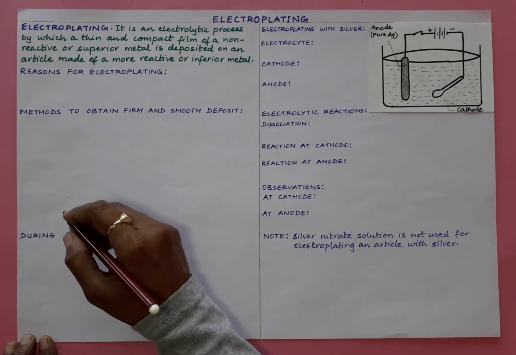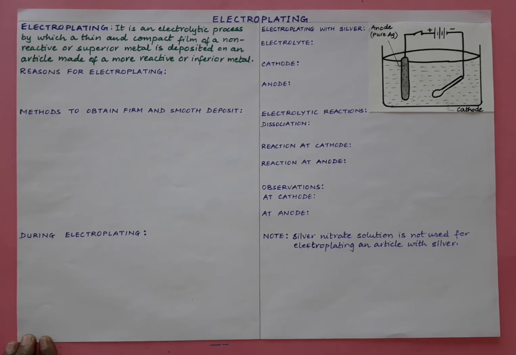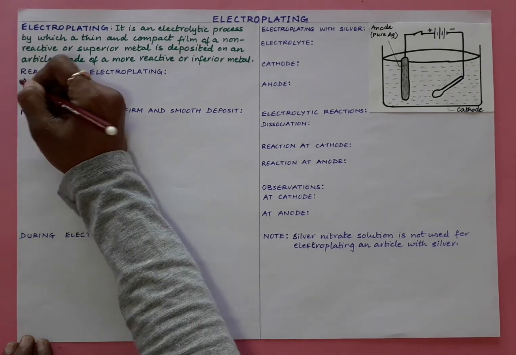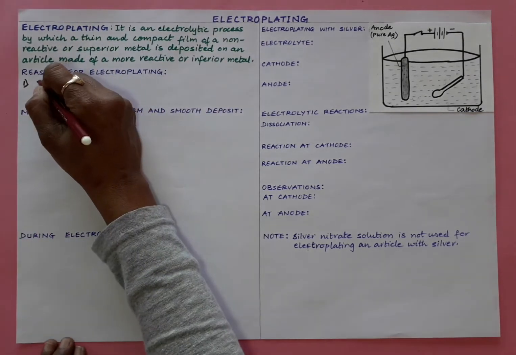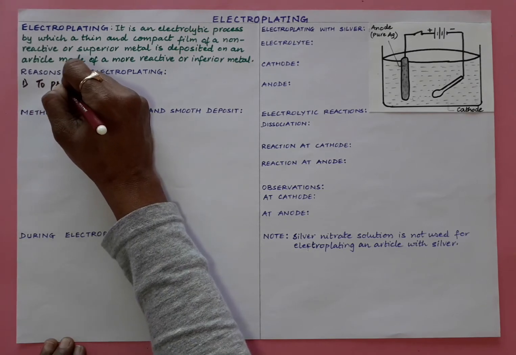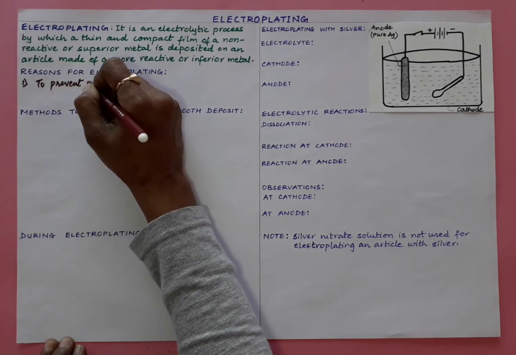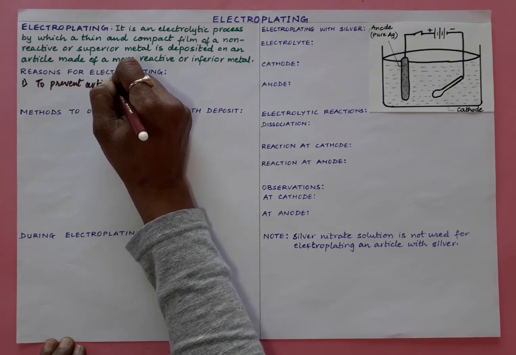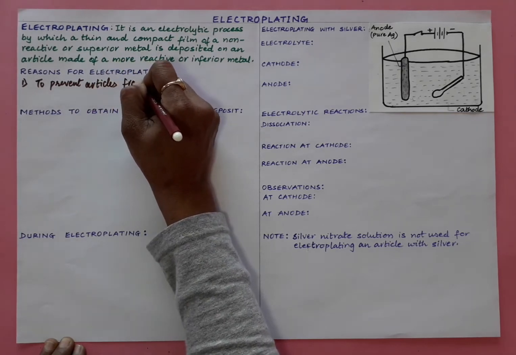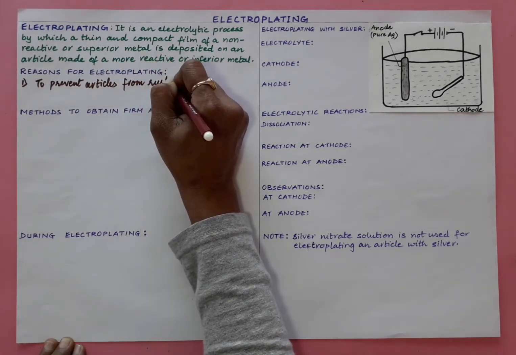So let us understand the reasons for electroplating. What are the reasons for electroplating? Number 1, to prevent articles from rusting, right?